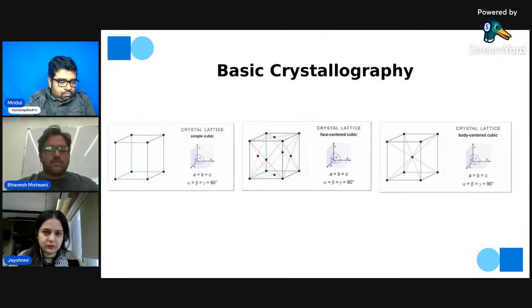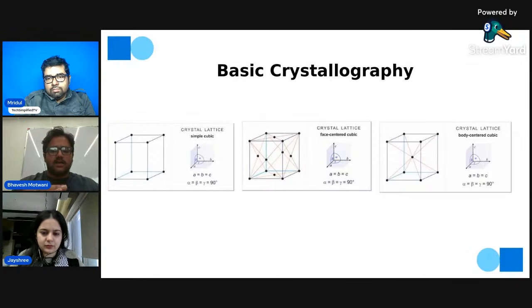It can be simple cubic, face-centered cubic, and body-centered cubic. But with slight dislocations or changes in the degree, there are several structures that we can understand based on crystallography.